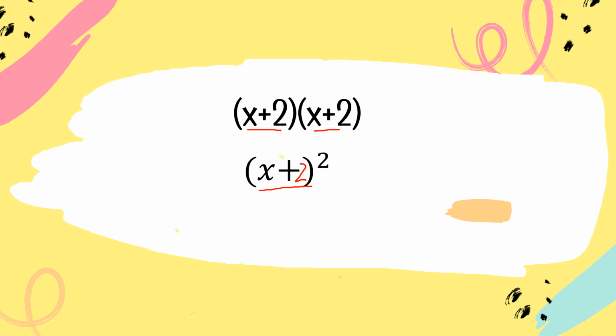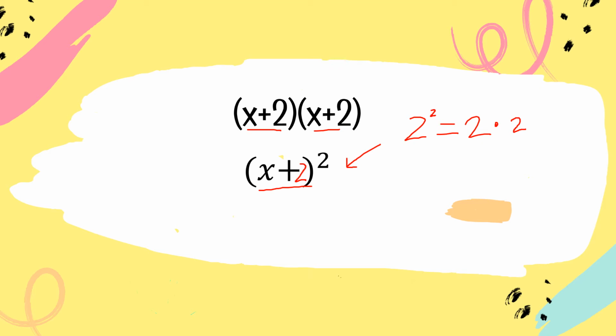Di ba? So, when we are squaring a certain number, like halimbawa, we have 2 squared. So, 2 squared means 2 times 2. So, the same lang din siya if we are multiplying polynomials or binomial. So, itong squared natin na to is ganito siya.